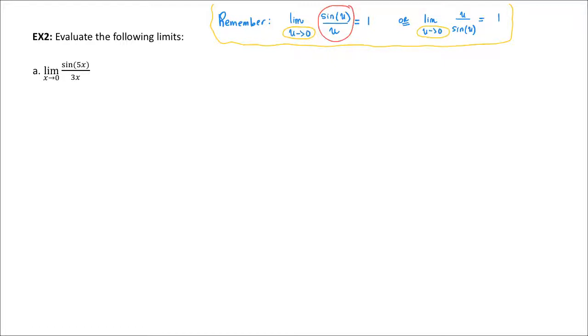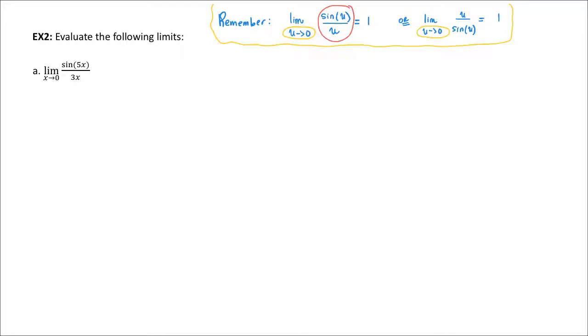When I look at this problem right here, I'm thinking, my goodness, I wish that I can use this result. I have sine, I have x, but what's really bugging me here is 5x. I just don't have x inside of sine. I have 5x.